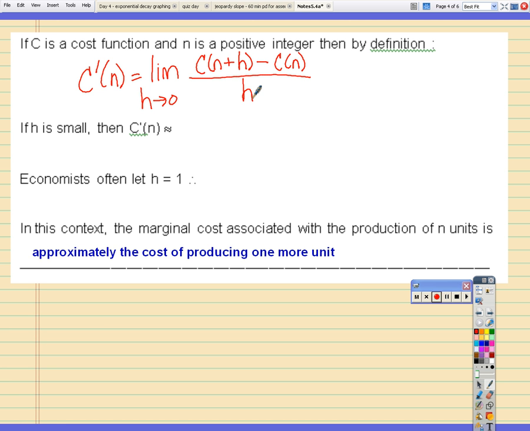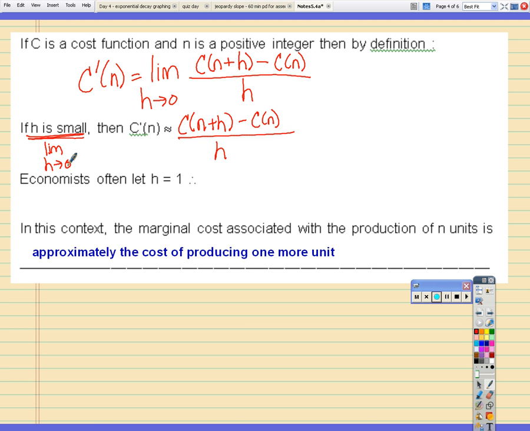As h gets really, really small and close to 0, we say that the derivative equals this. That's our limit as h approaches 0.